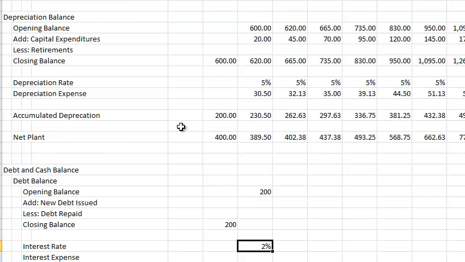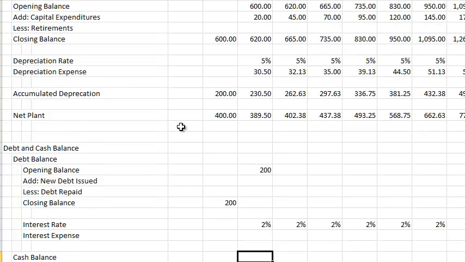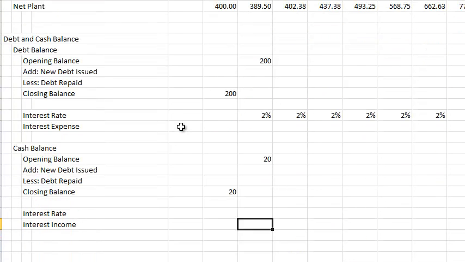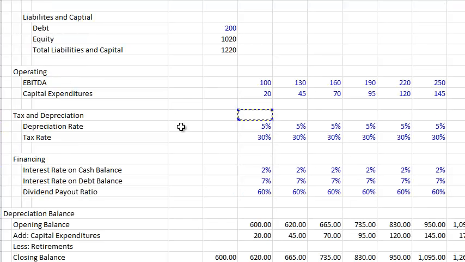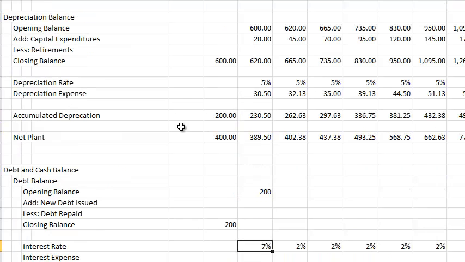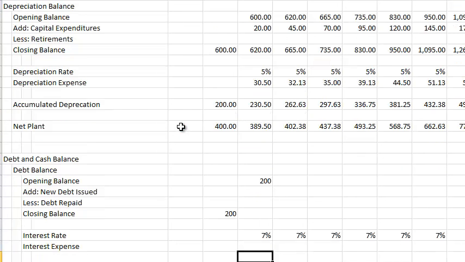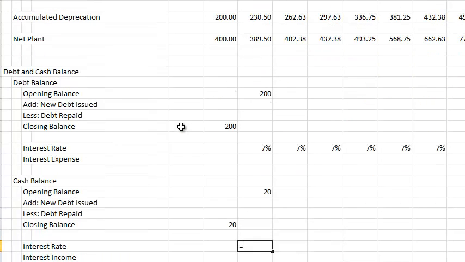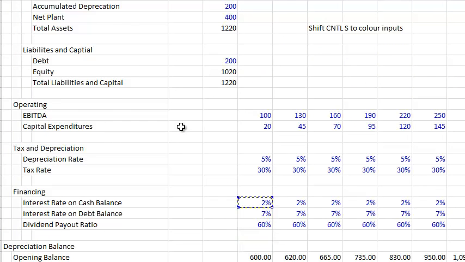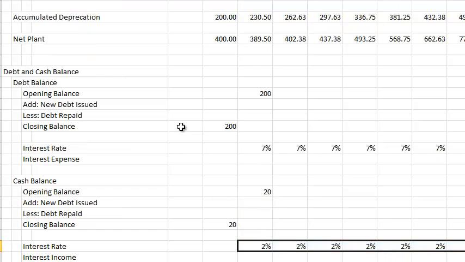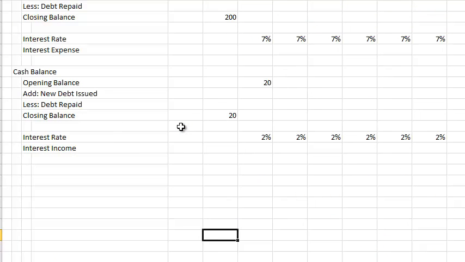Now, before we do this, why don't we put our interest rate on the debt balance. Of course, I took the wrong interest rate. And then let's put the interest rate on the interest income. Okay, that's that.